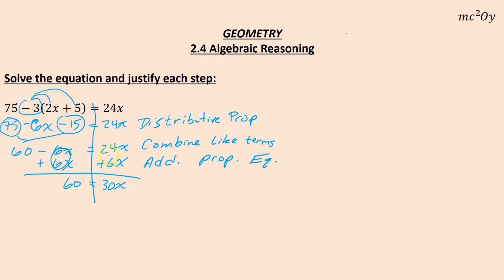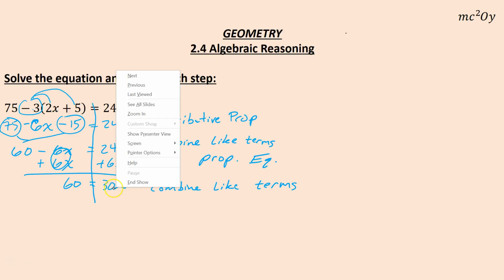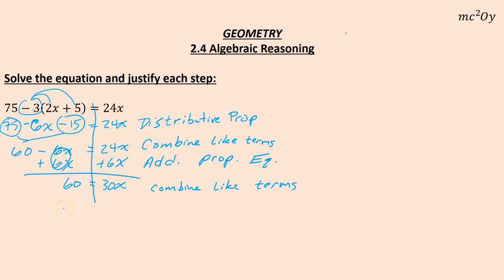And really, after you applied the addition property of equality, then you combined like terms to get to here. So from this line to this line, addition property of equality, and then from this line to this line, combine like terms. I'd probably be fine if you just used the addition property of equality and skipped the combine like terms, but I want to make sure I show both pieces there.